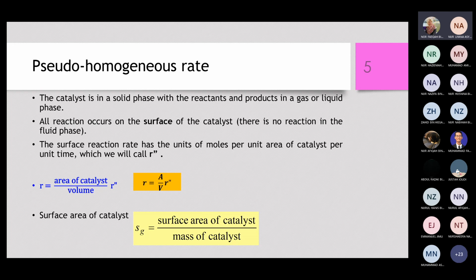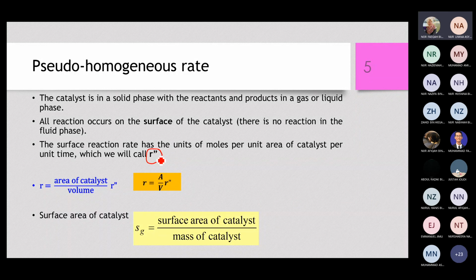Okay, and then the surface reaction rate has the units of mole per unit area of catalyst per unit time, which we will call R prime. So R prime here, yang ni catalytic rate reaction.